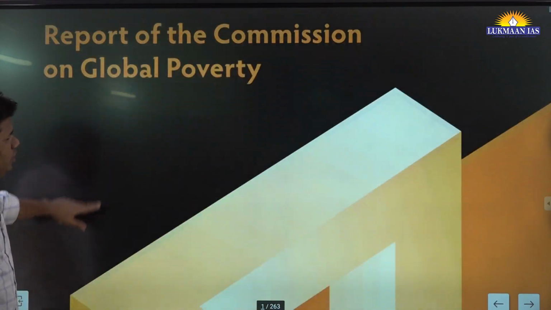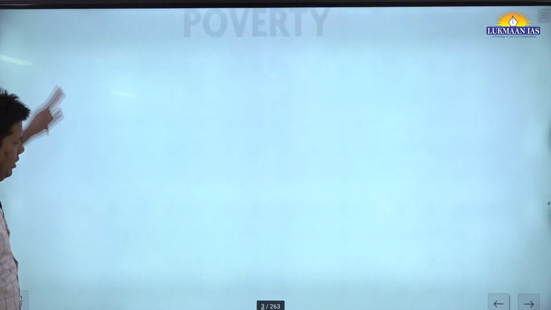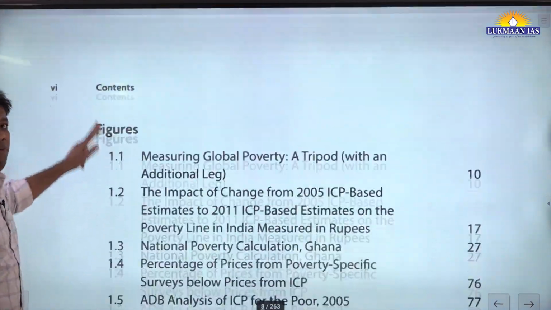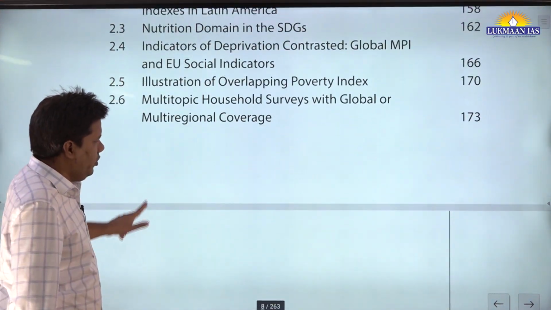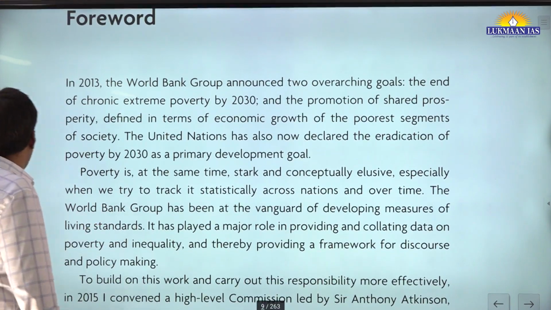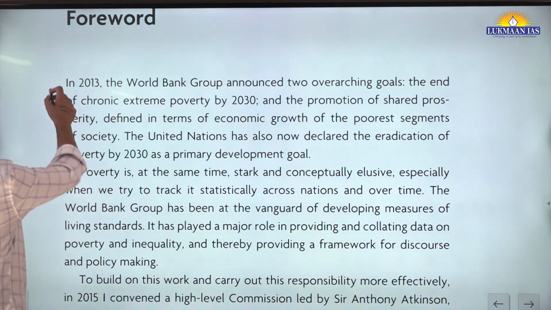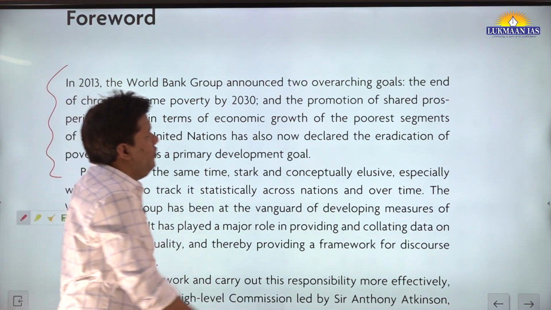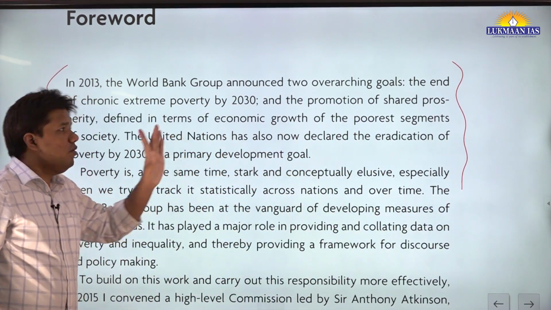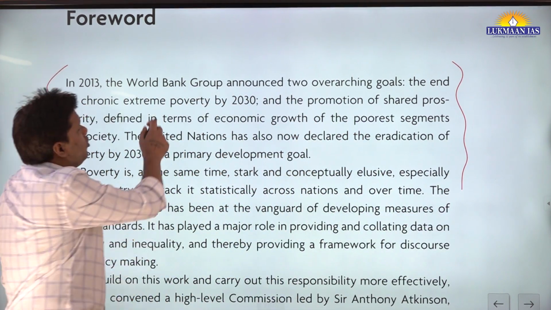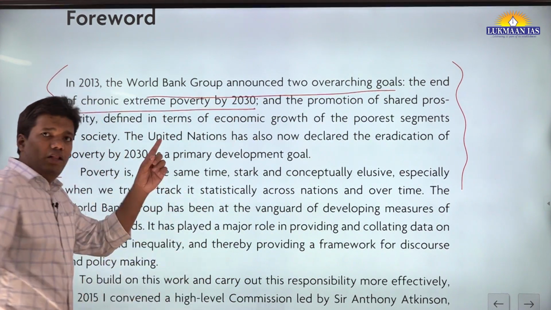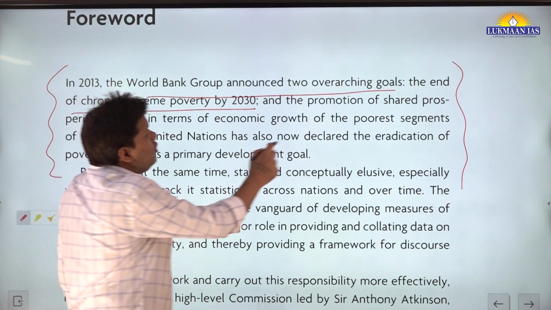No need to read the complete report, but at least one thing you can do. What are the goals of the World Bank? The World Bank has mainly two goals: the reduction of abject poverty, and shared prosperity. If you write even this paragraph somewhere in your essay, it would be wonderful. It says the World Bank announced two overarching goals: the end of chronic extreme poverty by 2030, and the promotion of shared prosperity.